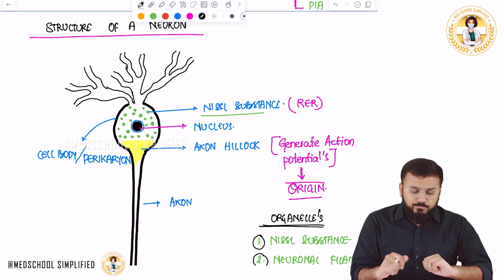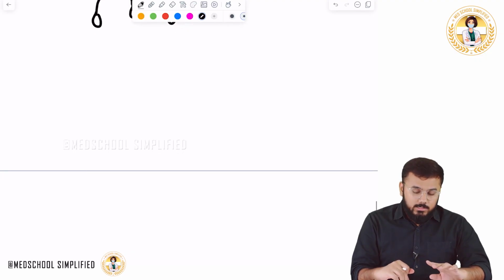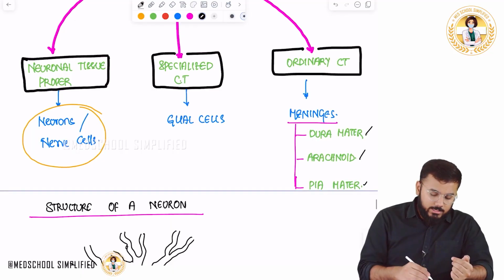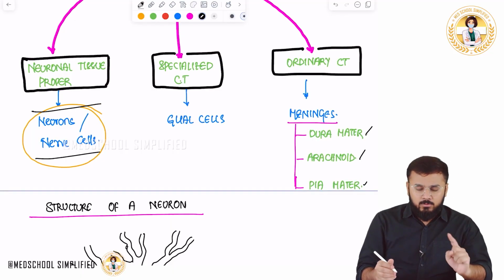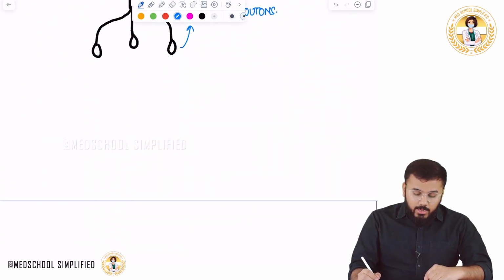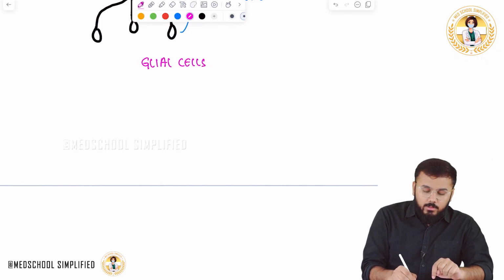Next important thing over here is that we have to discuss glial cells. We are done with the discussion of the neurons or the nerve cells. Now the second important cell we will be discussing is the glial cells. How many different types of glial cells do we have?